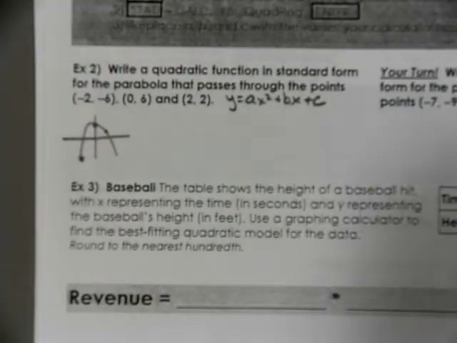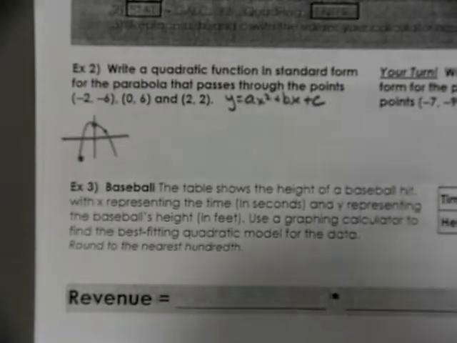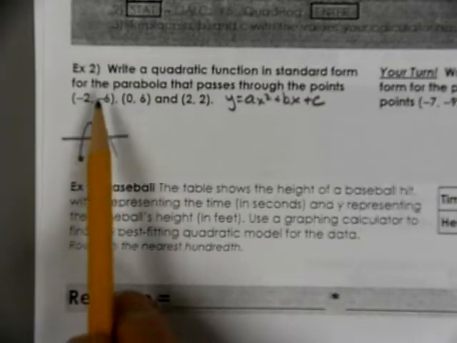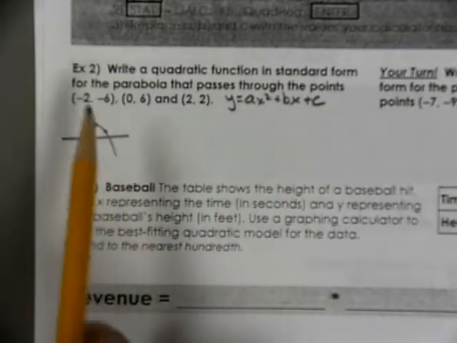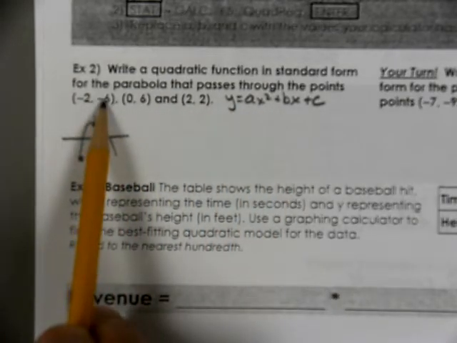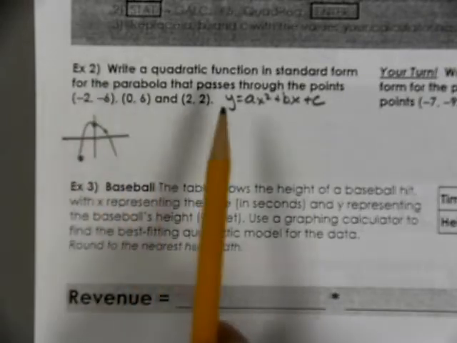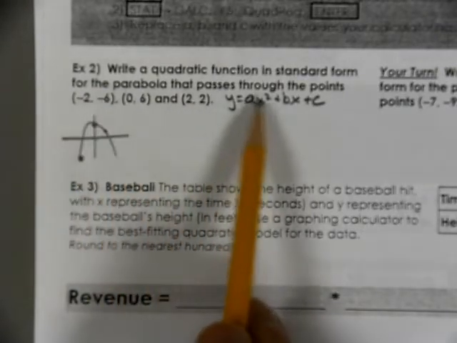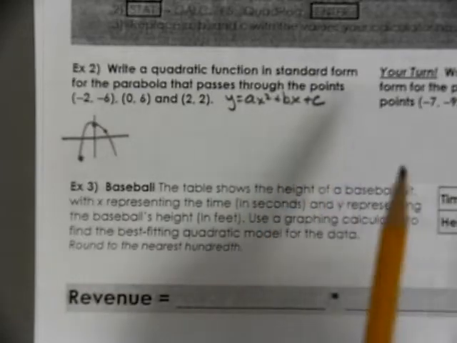We're going to need to write three equations. There's not a lot of room here to fit it, but we're going to write three different equations, one for each point. This is your y value, this is your x value. So we're going to plug the x and the y into our equation.